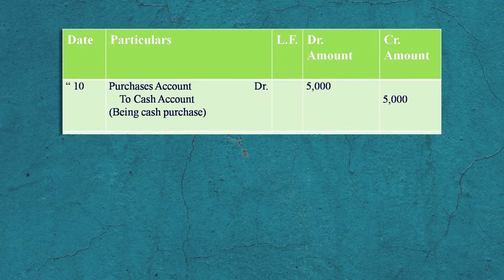So the purchases account must be debited and cash account must be credited, because cash is going out. So the final transaction will be purchases account debit to cash 5,000 rupees.